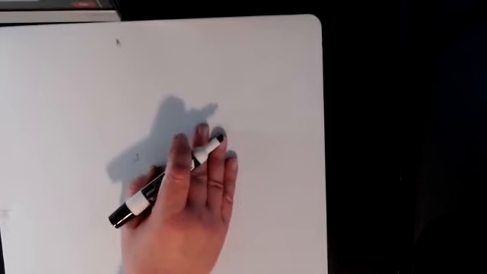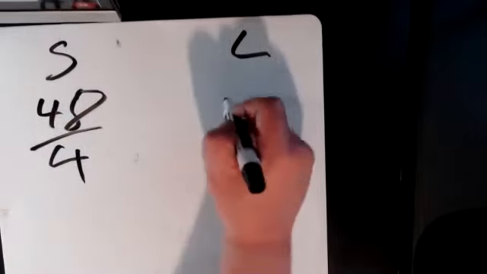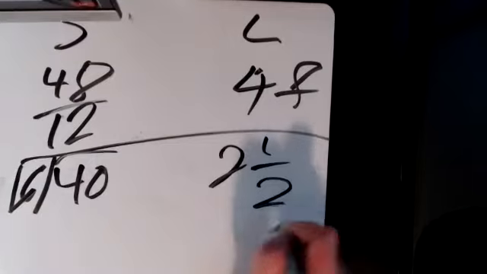So 48 inches divided by 12 gives you 4 feet. 40 ounces divided by 16 gives you 2.5 pounds. Ounces is small, pounds is bigger. Always divide.